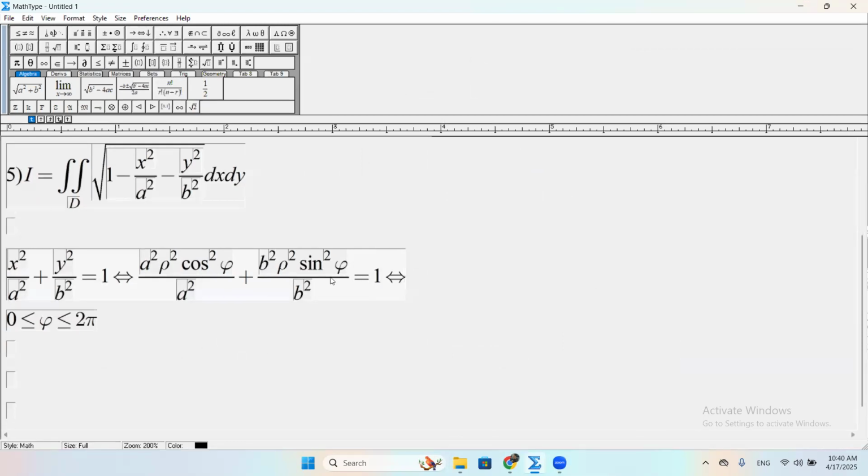Now let's simplify it. So first of all, canceling a square and b square, we have that rho square equals 1. So it means that rho has values from 0 to 1.